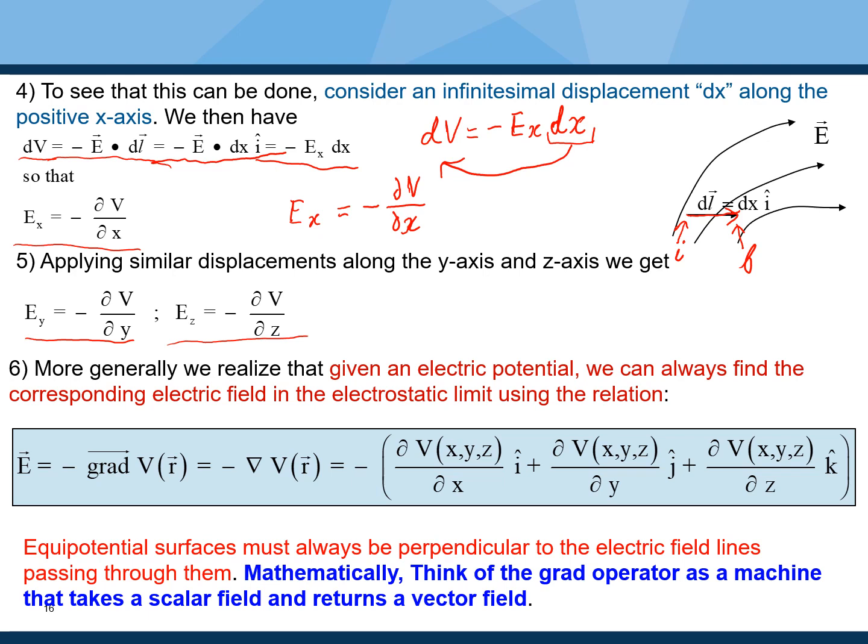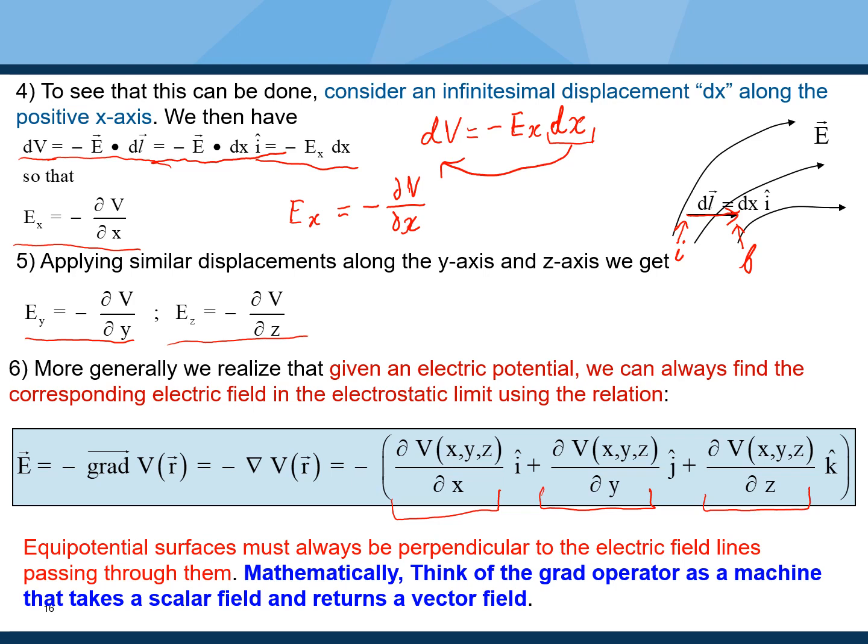This actually tells you that if the potential is specified as a function of x, y, z, then we can actually obtain all components of the electric field vector, because the x component of the electric field vector is just given by minus dV by dx. The y component is just given by minus dV by dy. And the z component is just given by minus dV by dz.